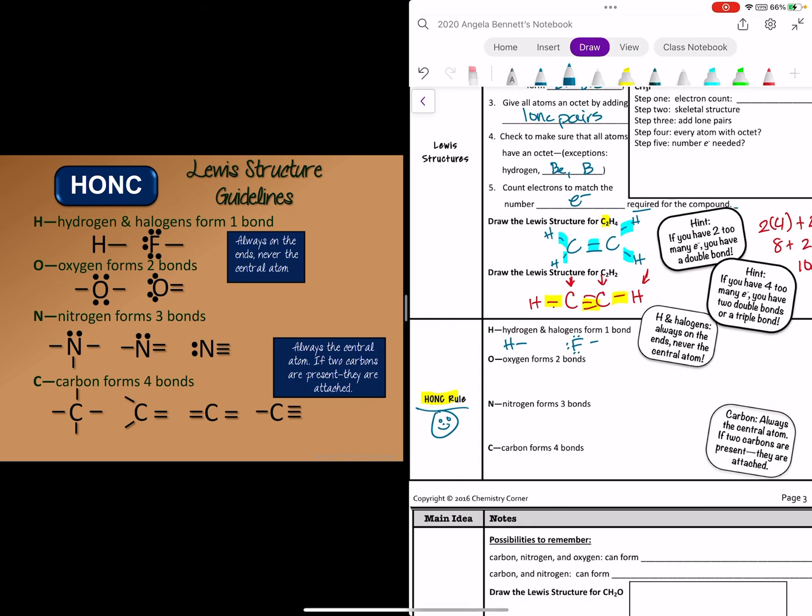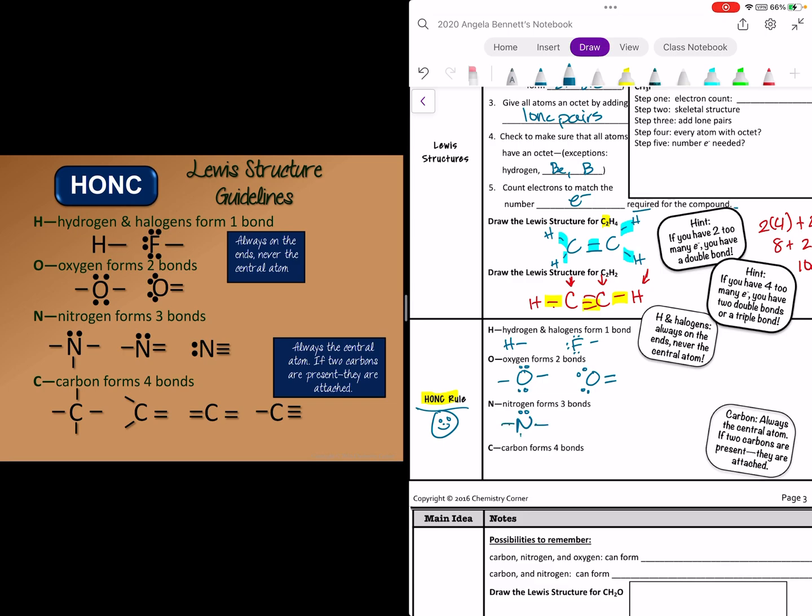All right, so for oxygen, if you think about what his Lewis dot diagram looks like, he looks like this. 2 bonds. Or if he decides to do a double bond, he's going to look like that. Nitrogen, if you think about what he looks like in his Lewis dot, he looks like this, right?